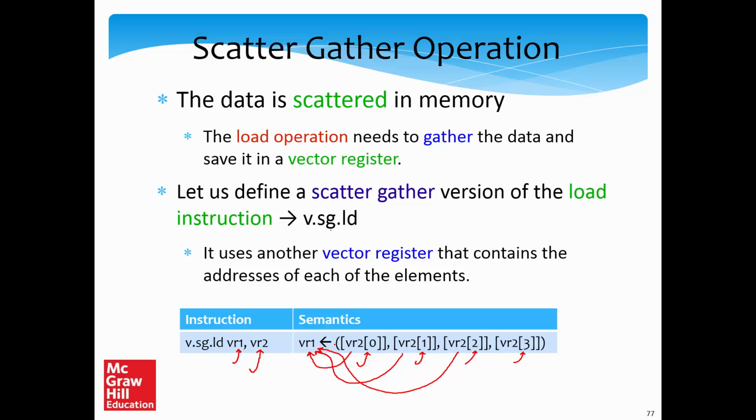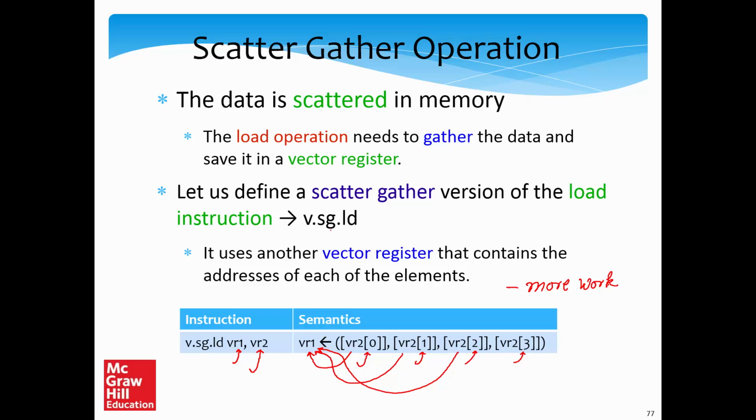So in this case, the hardware needs to do more work. So let me maybe write it down. One clear negative aspect is that the hardware needs to do more work. We need to send 4 different memory requests and they need to go to 4 separate addresses, fetch the data.